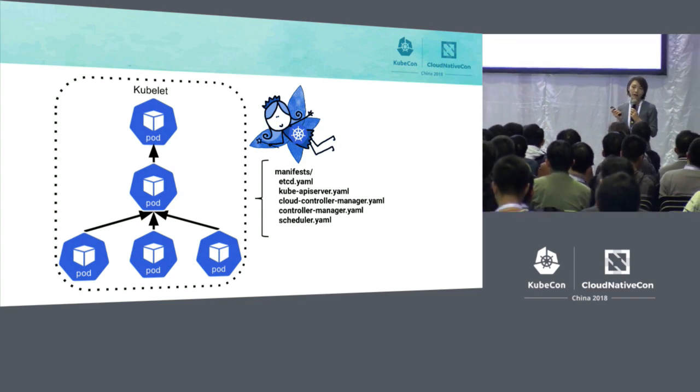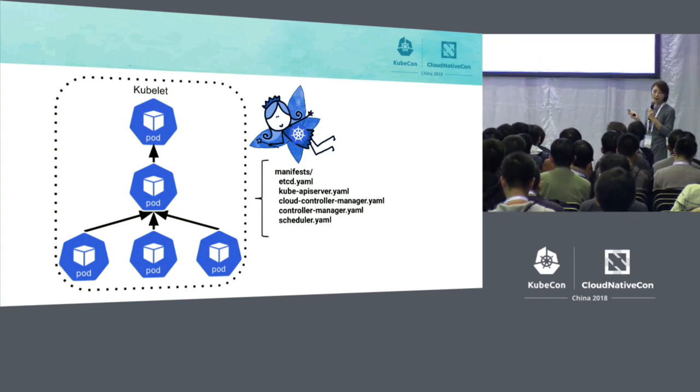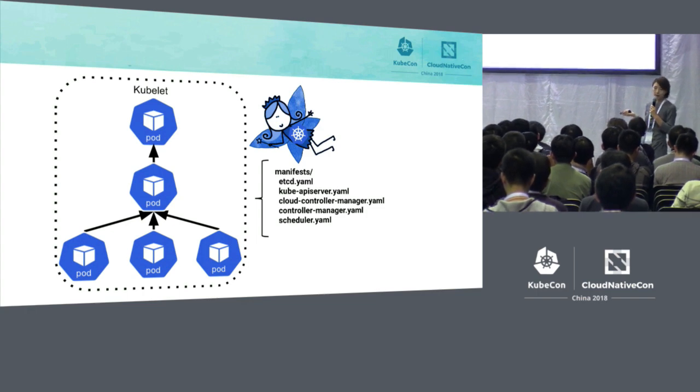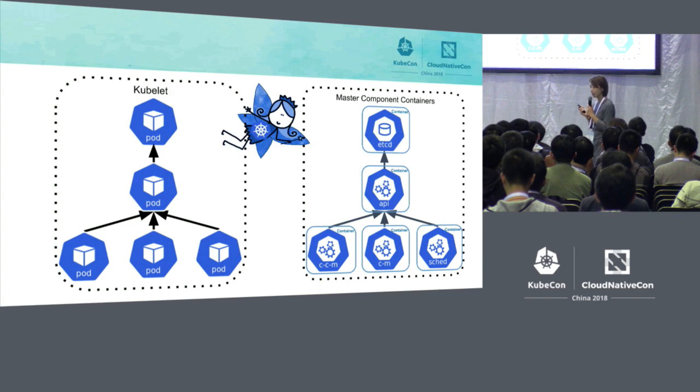Like if you are applying an etcd YAML to a pod, that pod is turning into an etcd, and so on and so forth. That way, you turn a vanilla node into a master node with all the different components running on it. And that master node is the control plane for your Kubernetes cluster.